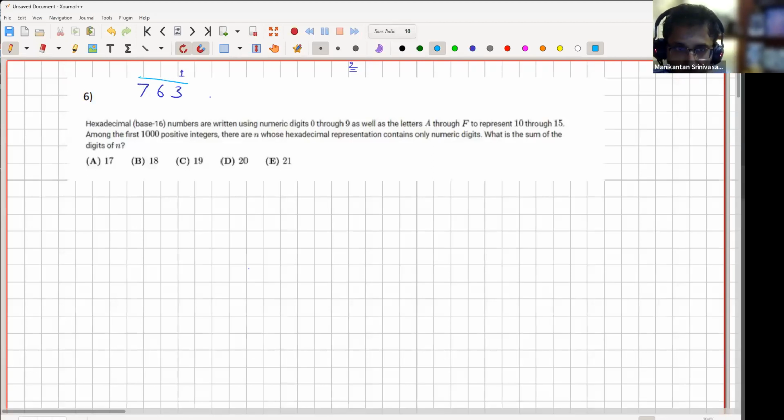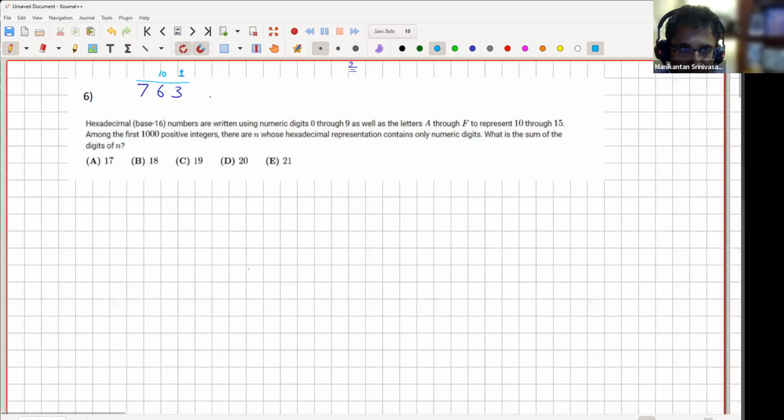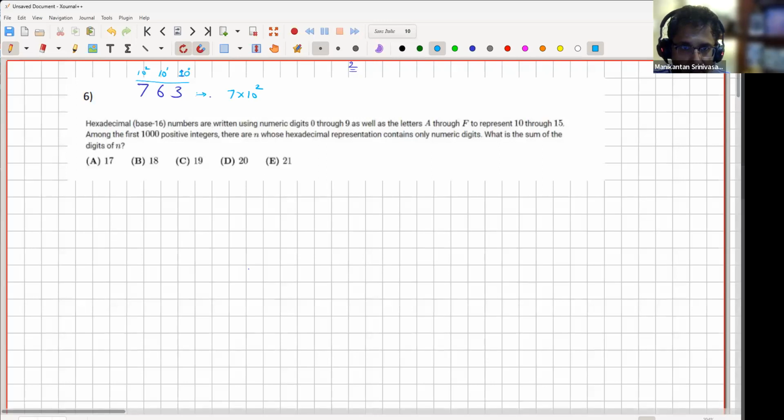This stands for the units place, this stands for tens place, or rather 10 power 0, 10 power 1, 10 power 2. So the meaning of this number is 7 into 10 square plus 6 into 10 power 1 plus 3 into 10 power 0. This is why we have the hundreds place, tens place, and the units place.